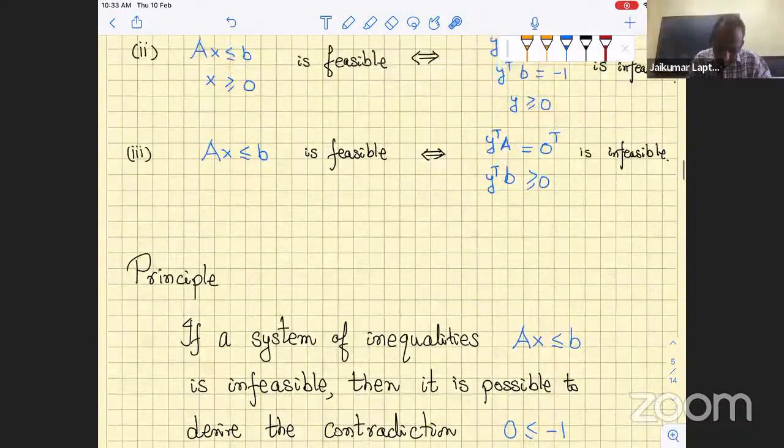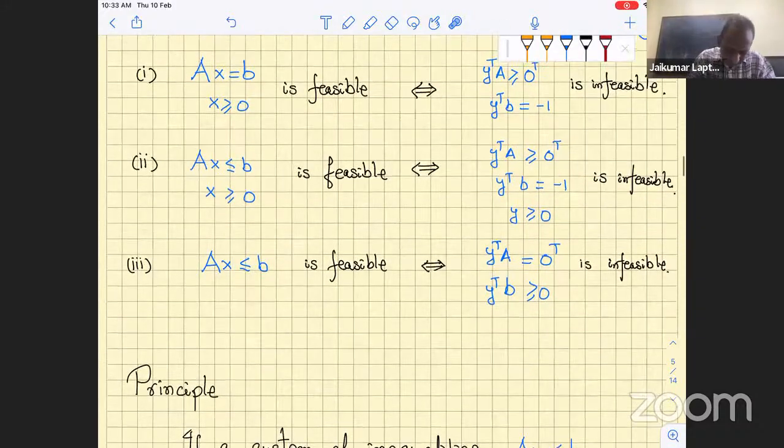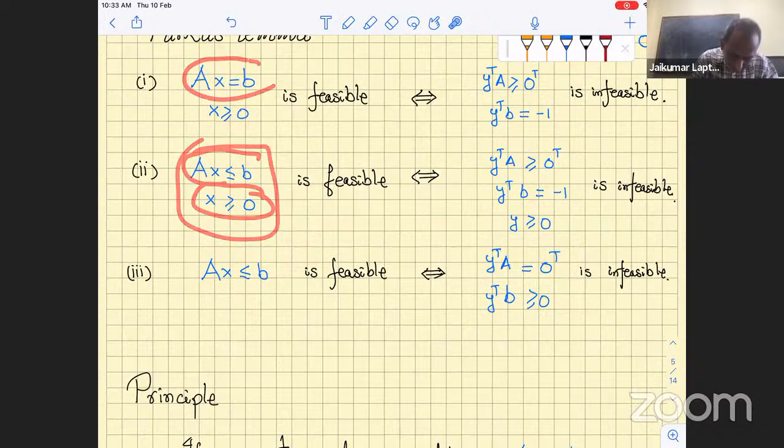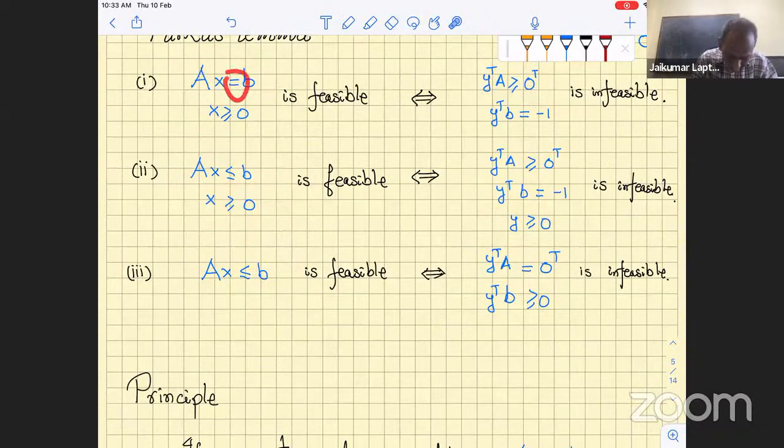Because any of these equations, this is a system of inequalities. You treat these also as inequalities. And if you are here, you can treat them as two inequalities if you want, less than or equal to and greater than or equal to. So all these are questions about something being infeasible.